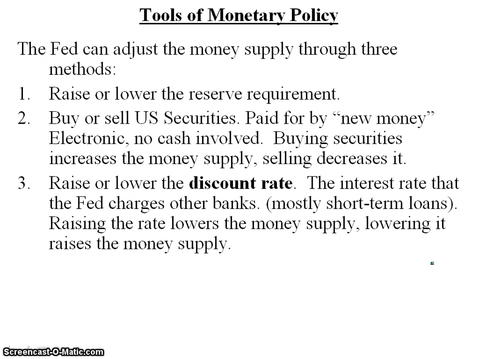Cash withdrawals, all that stuff. And so a lower reserve requirement equals higher money supply. Okay? A higher reserve requirement decreases it. Okay? Because if there's a lower reserve requirement, then banks are allowed to loan out more money.